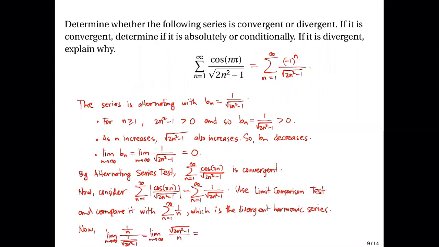But this is also equal to the limit as n approaches plus infinity of square root of (2n squared minus 1 over n squared). And check that this is just square root of 2 as n approaches infinity, which is greater than 0.